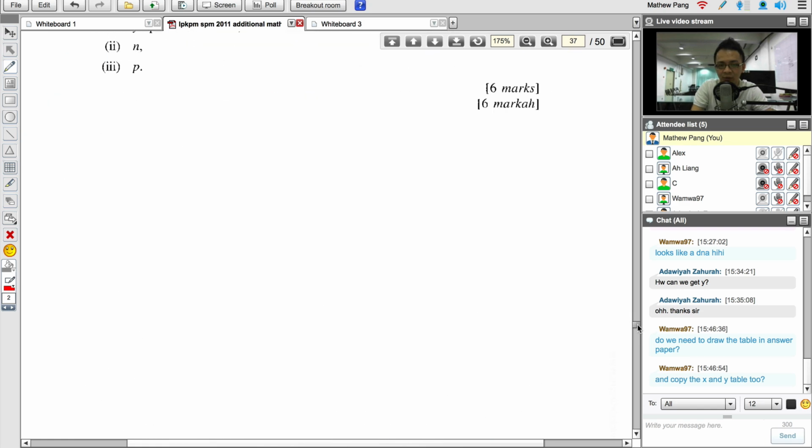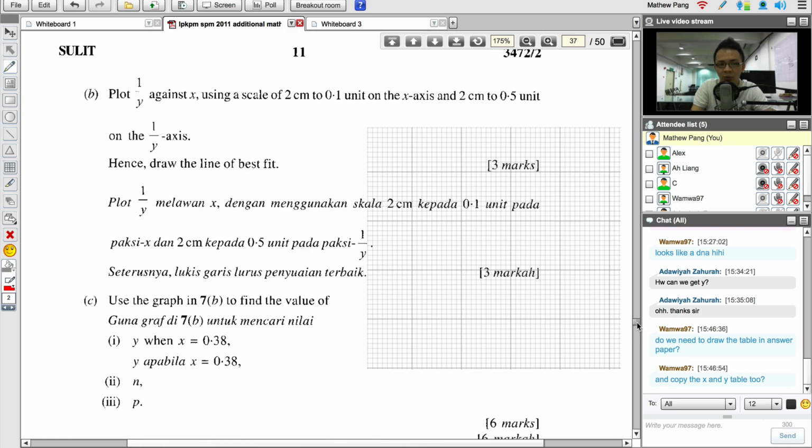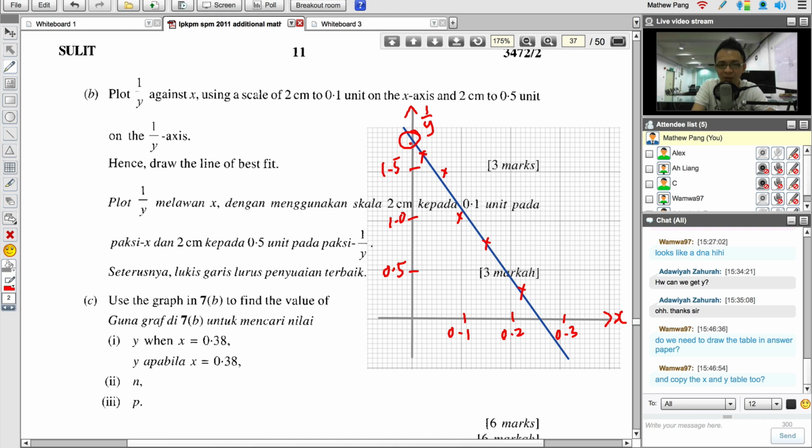So whenever you touch this, let's say this value is 2.1 or 1.8, you have to understand this is your C. So 1 over n equals 1.8, so n equals 1 over 1.8. Your straight line must always touch the vertical axis, because this is how you get C.